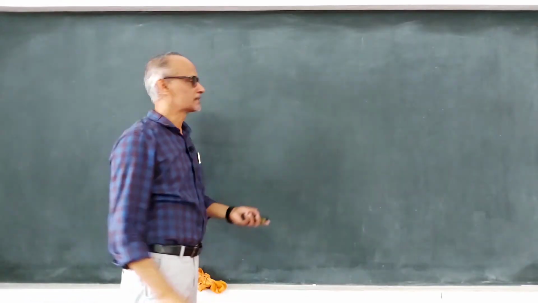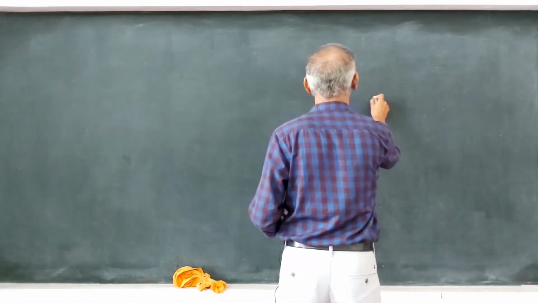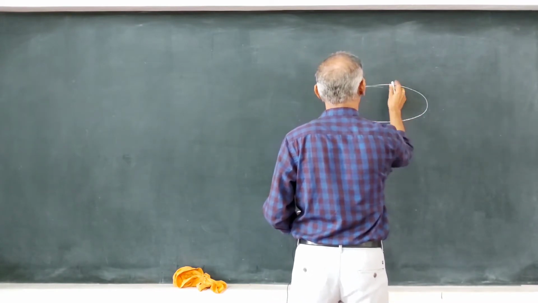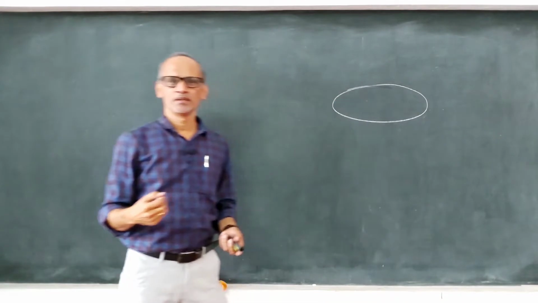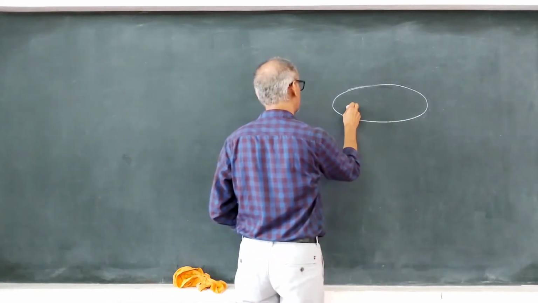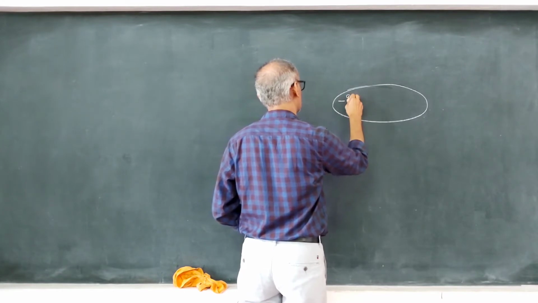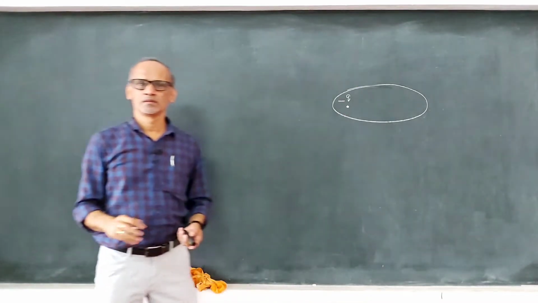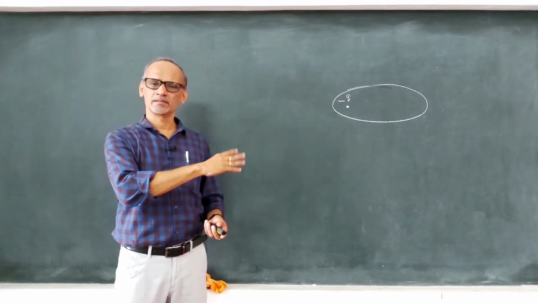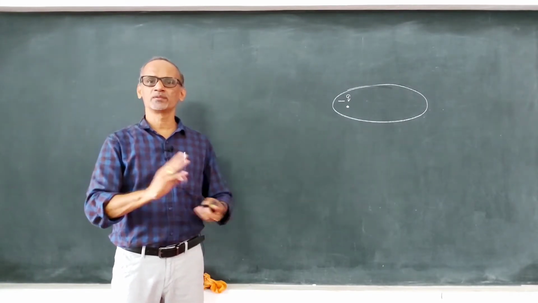Let me draw the diagram here. First I am going to draw an electric dipole, and keep in mind, whenever you draw an electric dipole, always write the center of negative charge first. For no reason, understood, because it's given in a similar manner in our notes, so that you don't get confused.